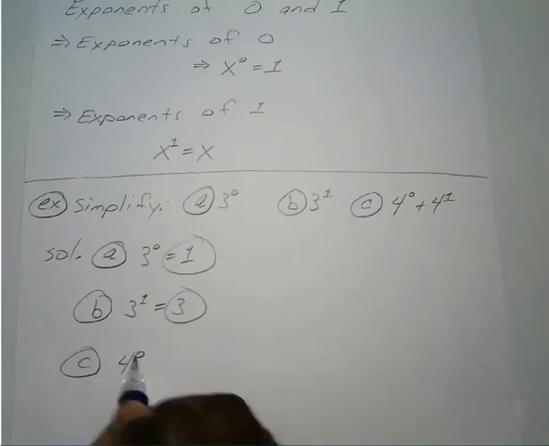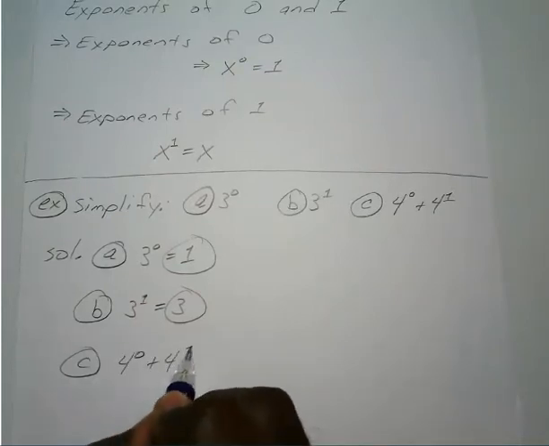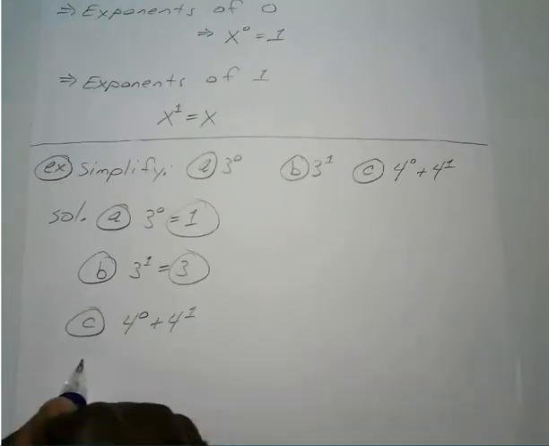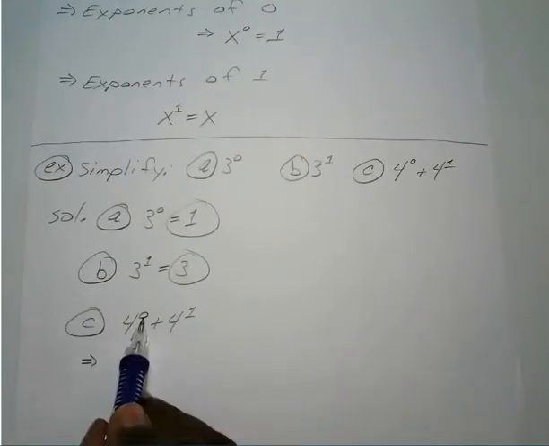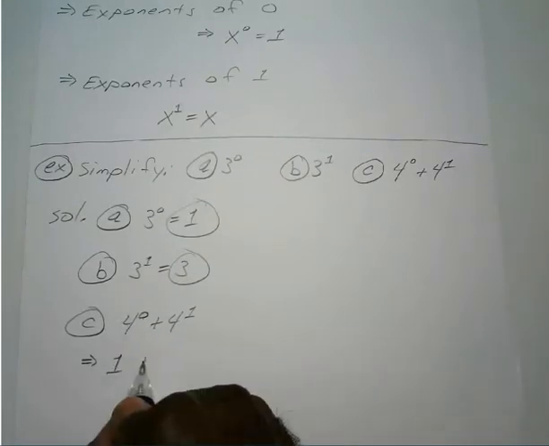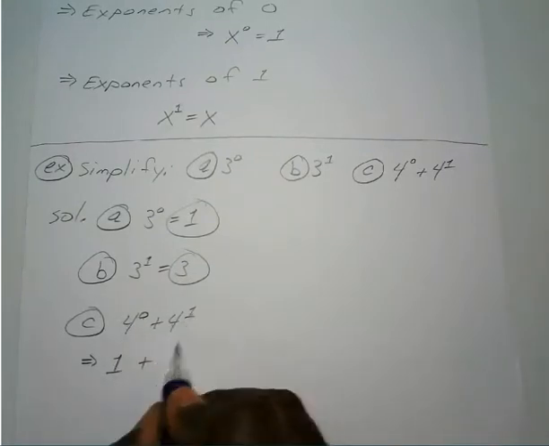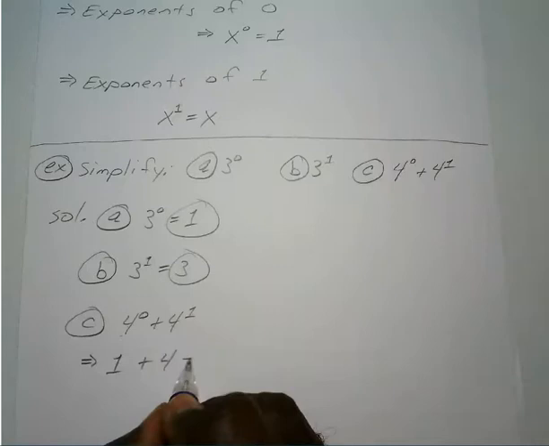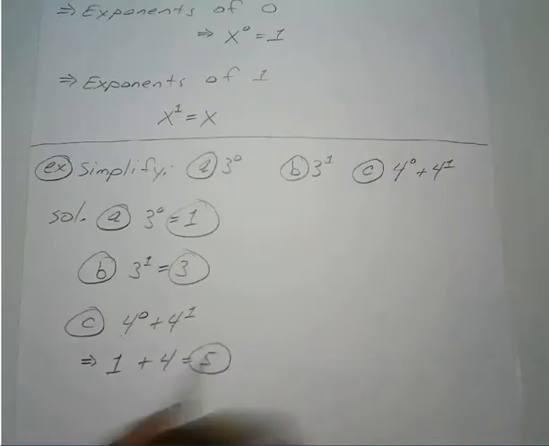So 4 to the power of 0 plus 4 to the first power. You notice there, anything raised to the power of 0 is equal to 1. So you have 1 plus, and anything raised to the first power is just that value. So 4 to the power of 0 plus 4 to the power of 1 is equal to 5.